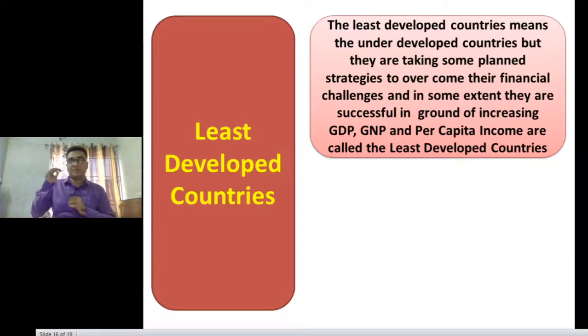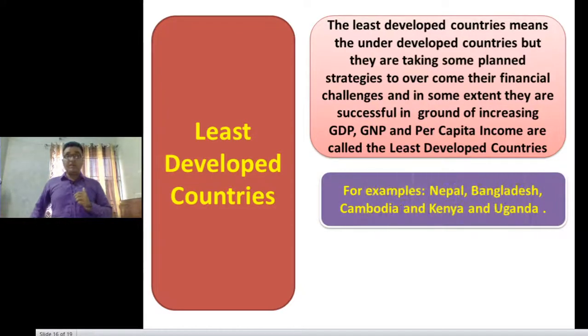The least developed countries means the underdeveloped countries, but they are taking some planned strategies to overcome their financial challenges, and to some extent they are successful in increasing GDP, GNP, and per capita income. Dear students, for example, we can say Nepal, Bangladesh, Cambodia, Kenya and Uganda are called the least developed countries.